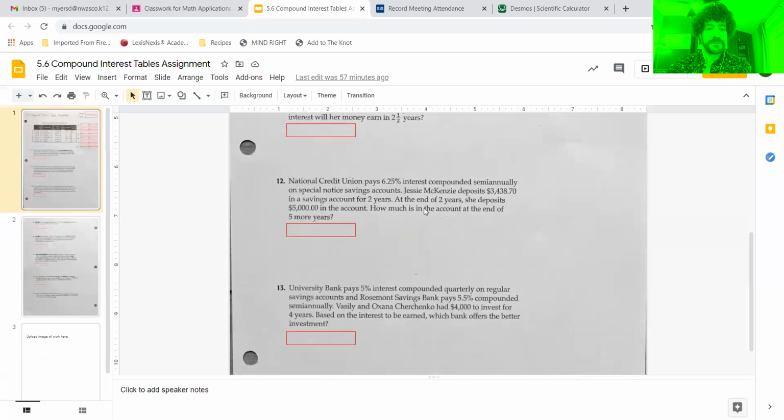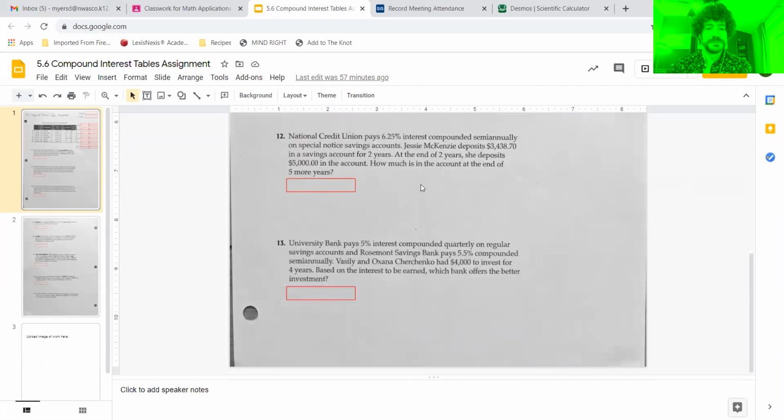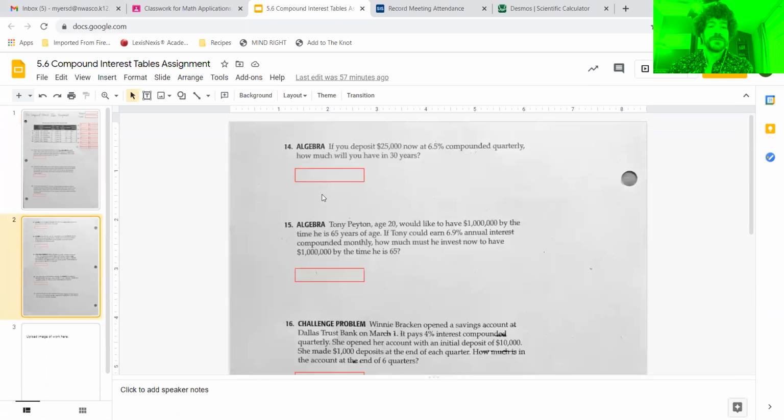11, pretty similar. 12 is going to be a little bit challenging, but I want you to give it a try. 13 is a comparison, so you can just do a couple of quick calculations and figure out which one is better. 14, which we have in 30 years.